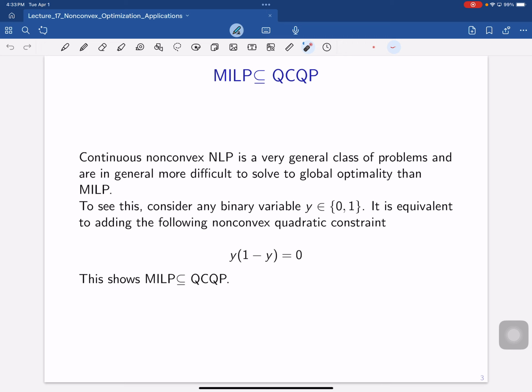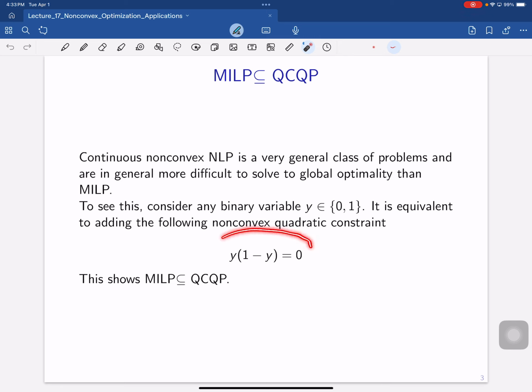The reason is that for any binary variable y, that is 0, 1, it is equivalent to stating that y has to satisfy the following constraint: y times y minus y equals 0, because the only roots to this equation are 0 and 1, right?